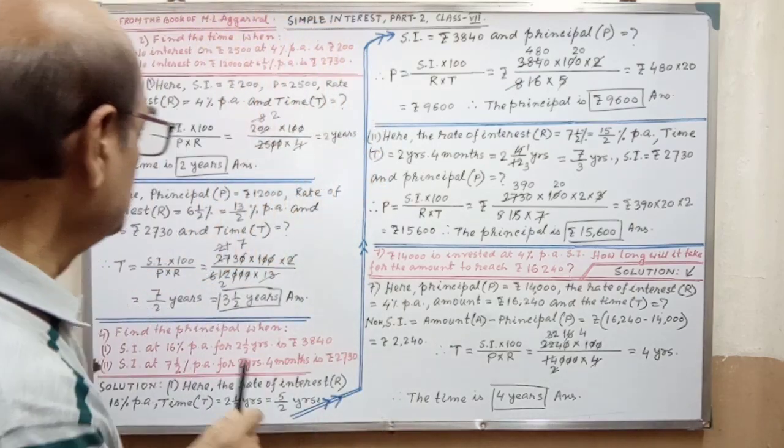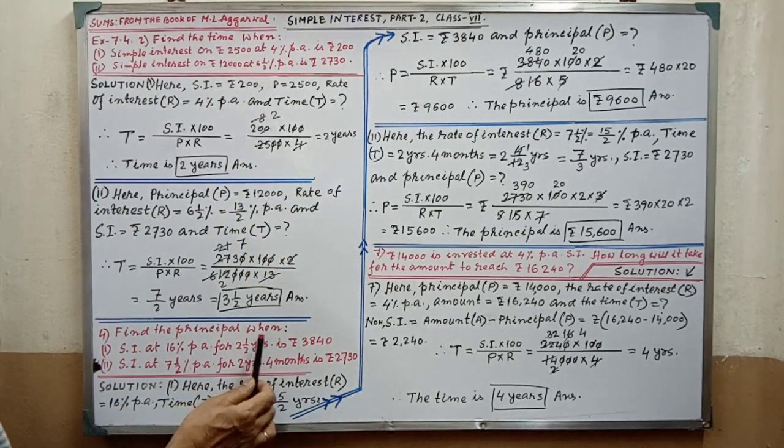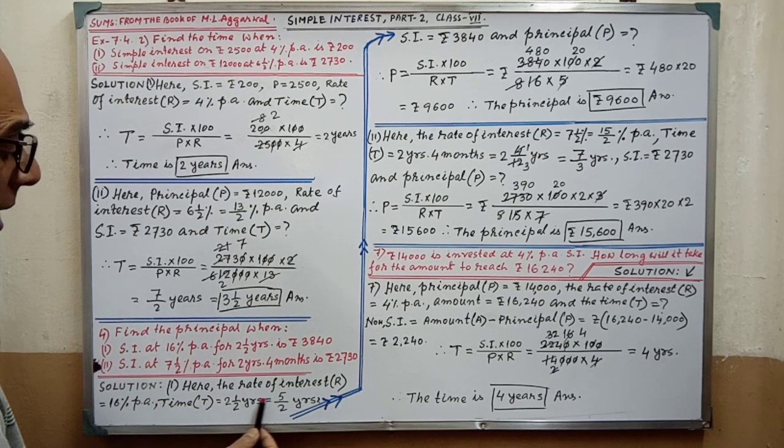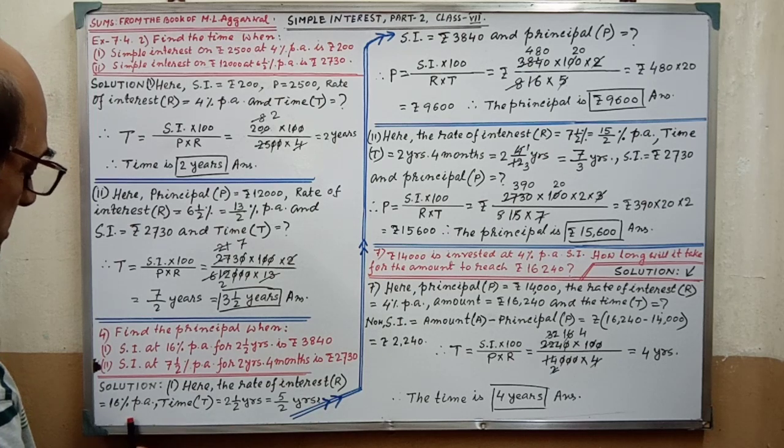Calculation is vital. Next sum, find the principal when this sum is given clearly. Then you have to go through the solution. Here the rate of interest is equal to 16%.